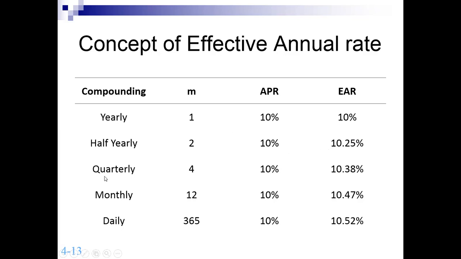In a similar way, if you move to quarterly compounding and APR is 10%, then this rate will be slightly higher than this, and if you carefully observe, this rate is also higher than the previous one. And in similar fashion, if you are working on monthly compounding intervals, then your rate will be slightly higher.